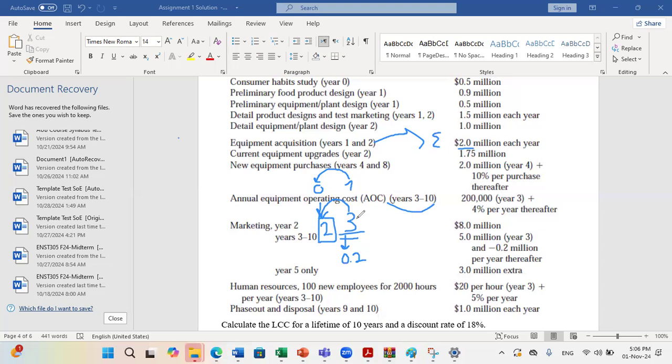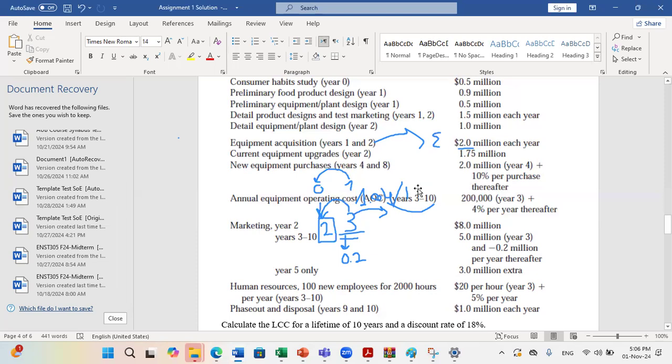So what I will do, I will first say from now on, I will multiply by 1.04 each time, and I will divide by 1.18. Okay.